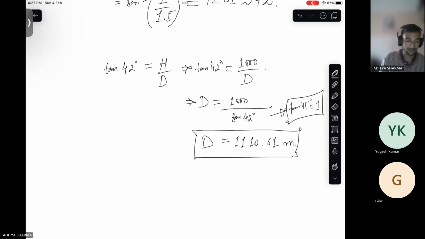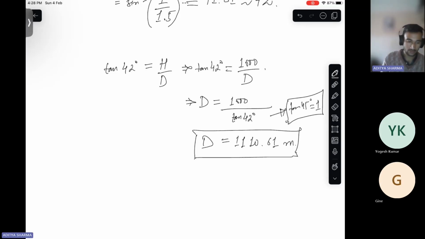Now the question is almost solved, right? We have distance. Now we need time. As I already told, the whole cone will move with a speed equal to the speed of this aircraft.